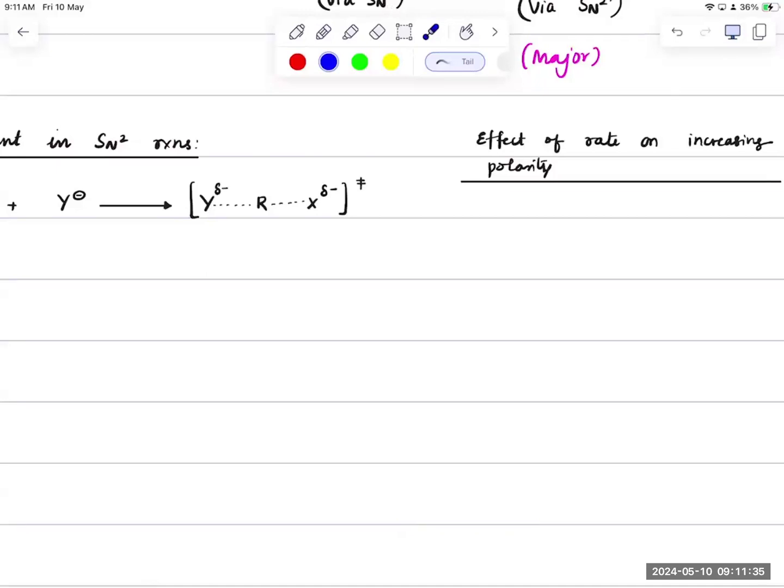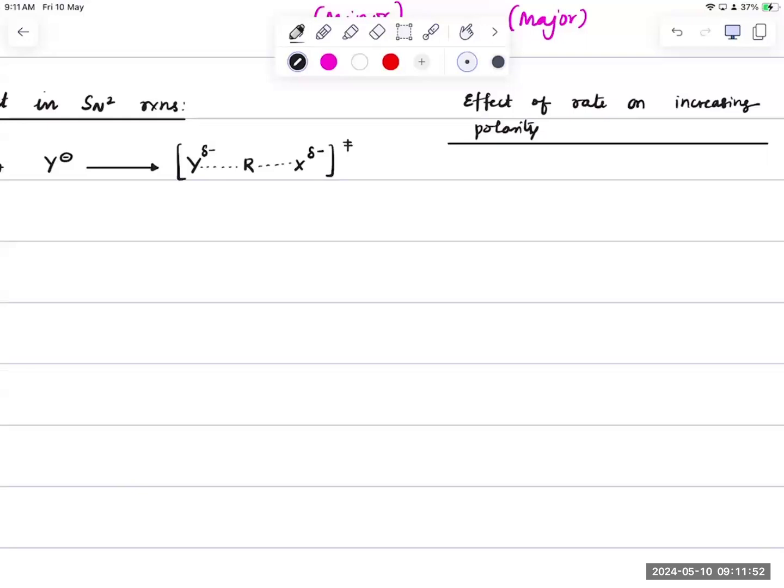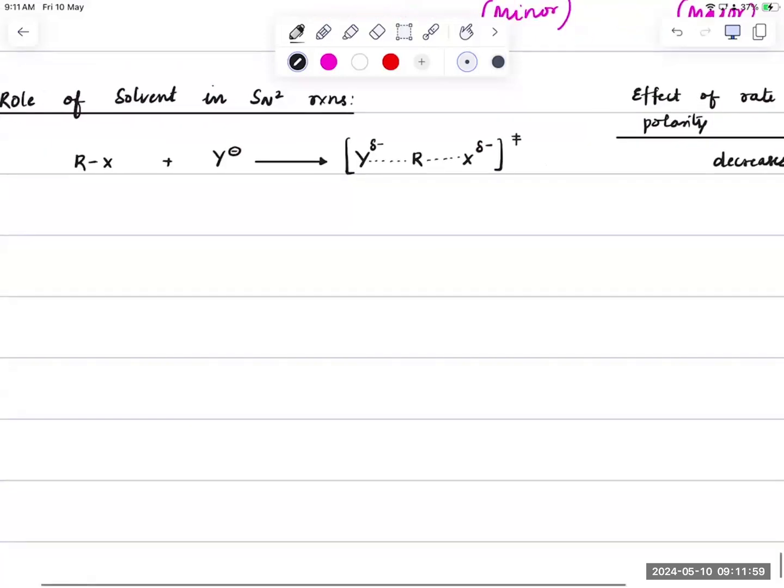Water is highly polar. What will water do? Water will stop this Y minus from attacking here, or the nucleophilicity will decrease. Since the nucleophilicity will decrease, the rate decreases. So in the first case, the rate is decreasing.